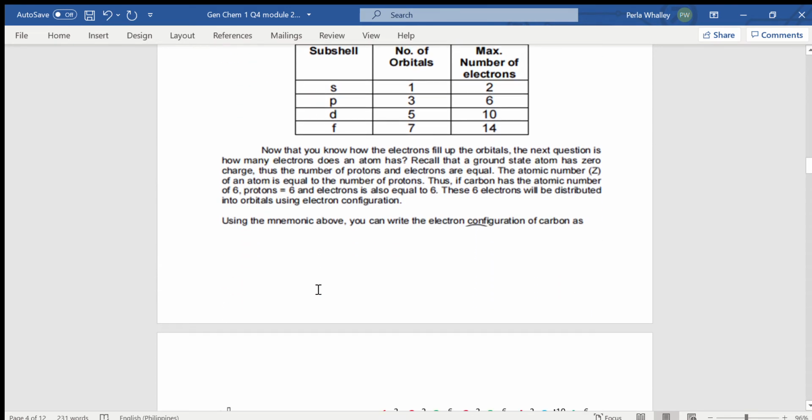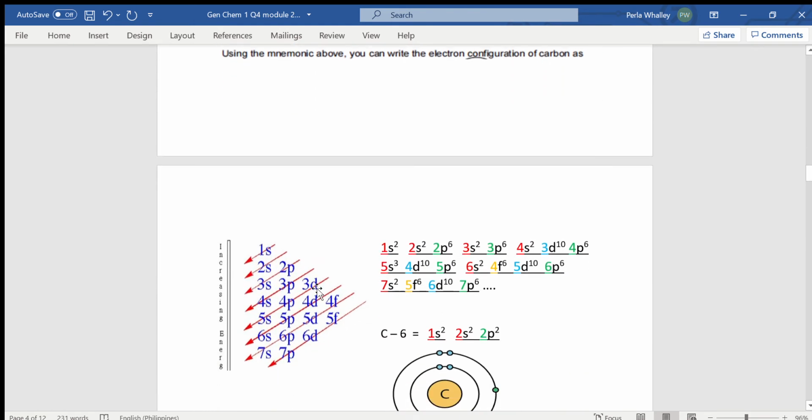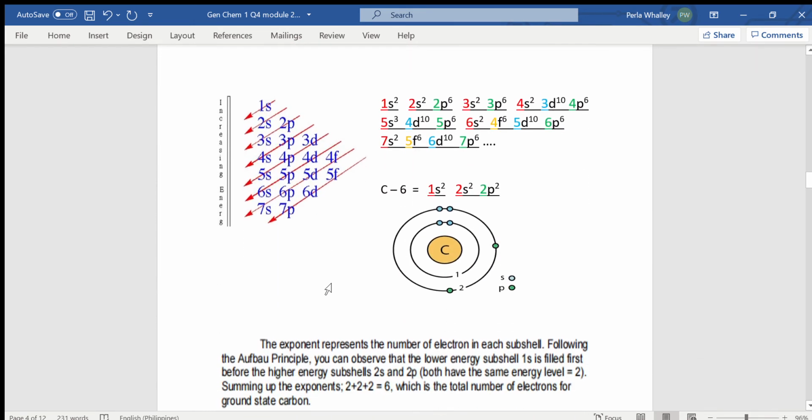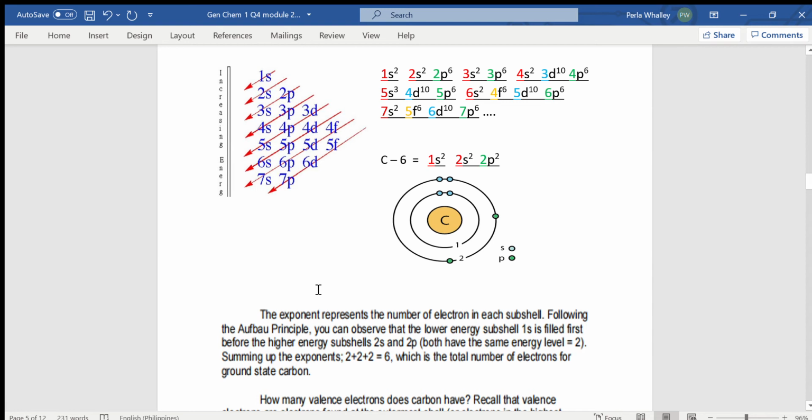Now, using the mnemonic above, we will write the electron configuration of carbon. Carbon has an atomic number of 6, and that means also that the number of electrons is 6.